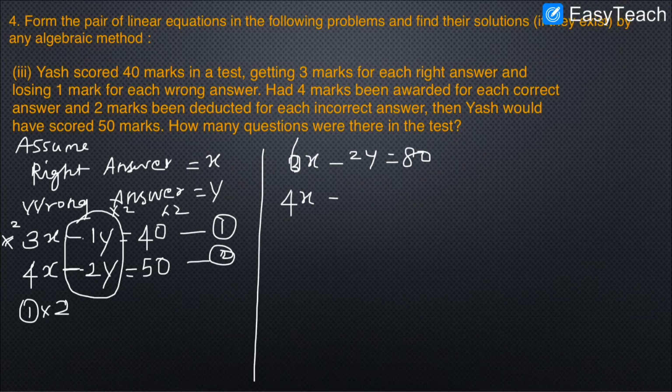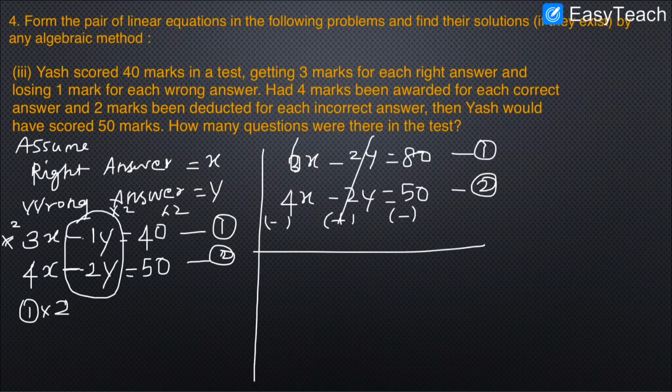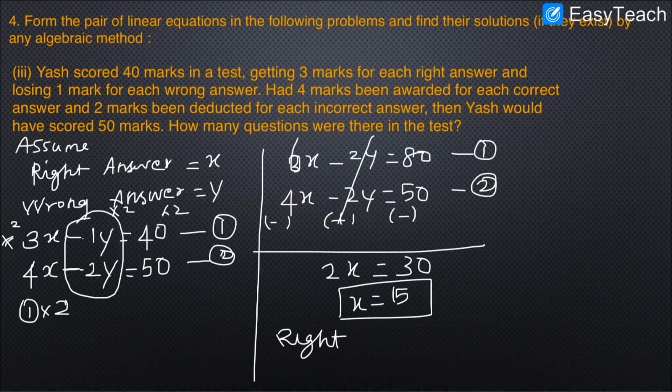The second equation I am going to write as it is, 4x minus 2y equals 50. This is the first equation, this is the second equation. Let me change the sign and let's cut this term, and 2x equals 30, x equals 15. So the right answer is 15.